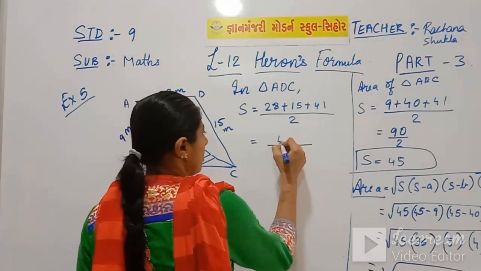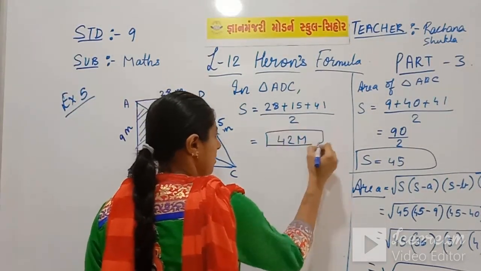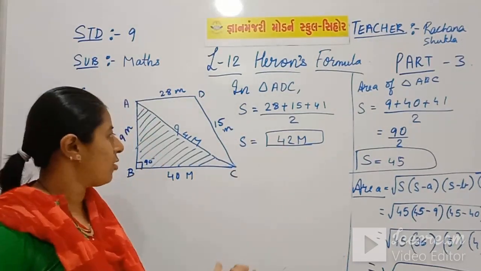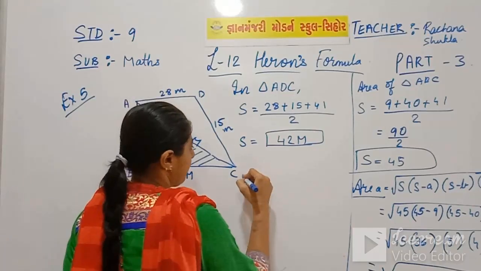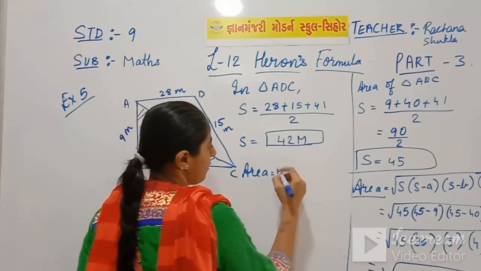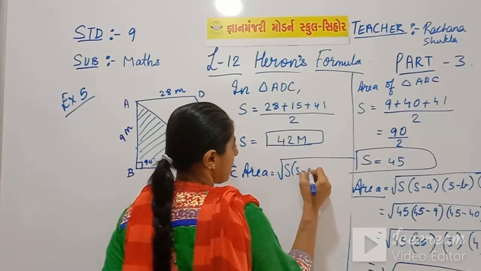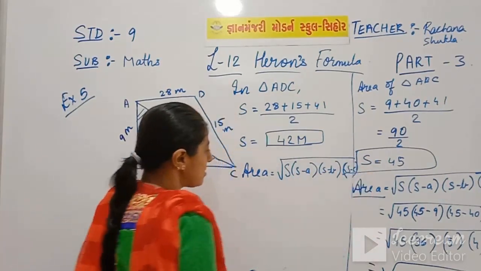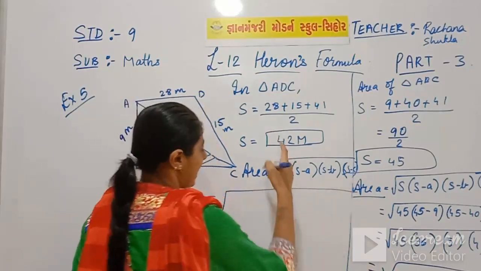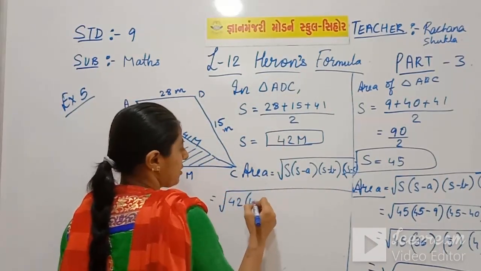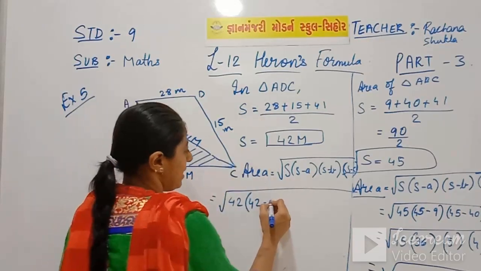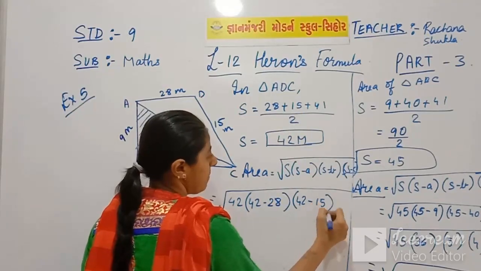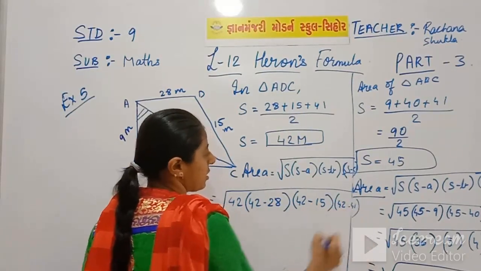And your S is 42 meter. What is S? 42 meter. Now, area. For finding out area, again the formula: S minus A, S minus B and S minus C. Putting the values, S is 42: 42 minus 28, 42 minus 15 and 42 minus 41.